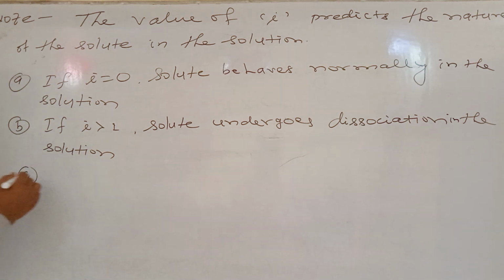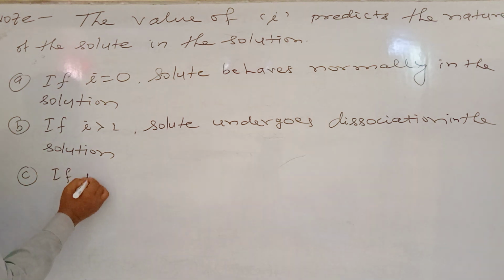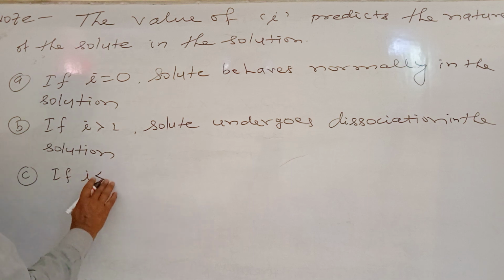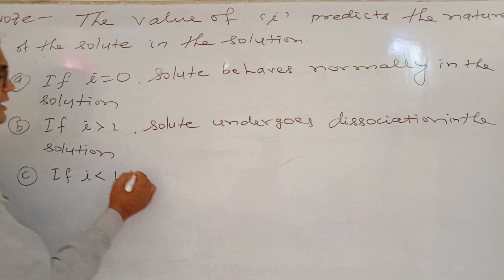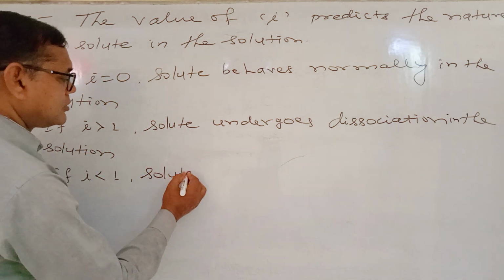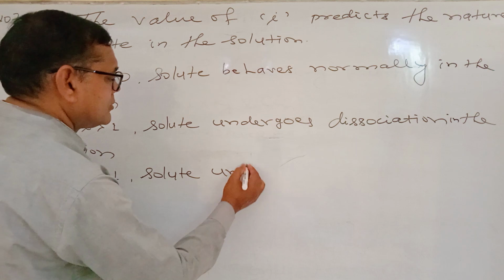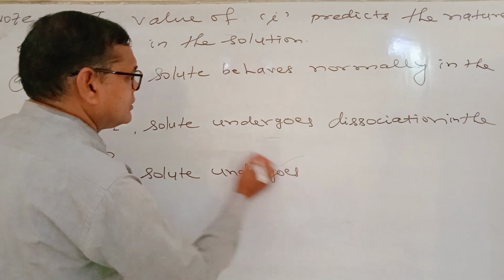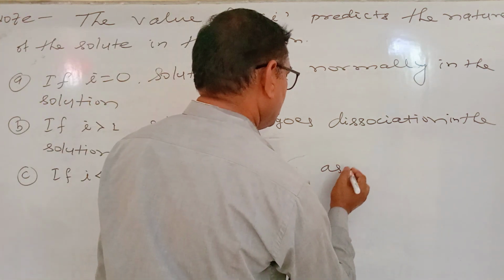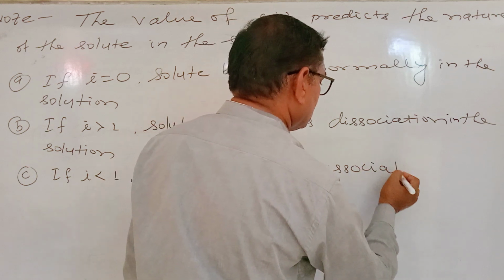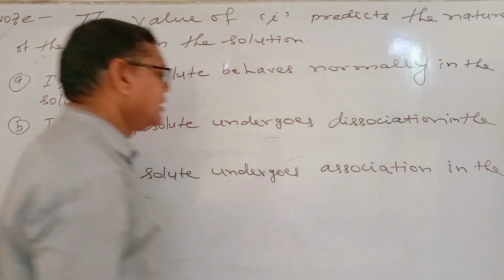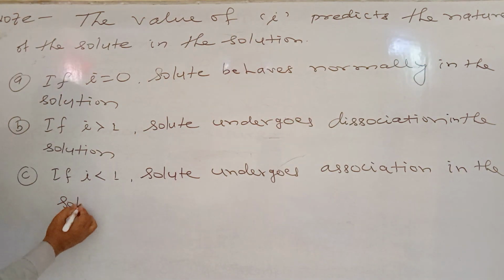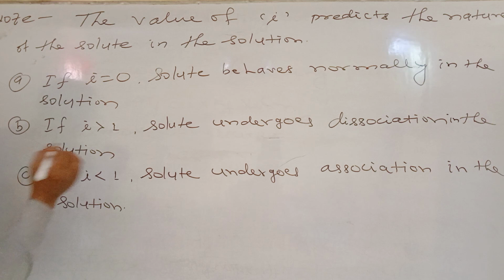If i is less than 1, this value indicates the solute undergoes association in the solution. It is a very important point for the objective.